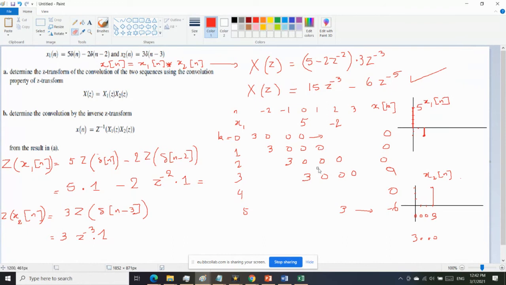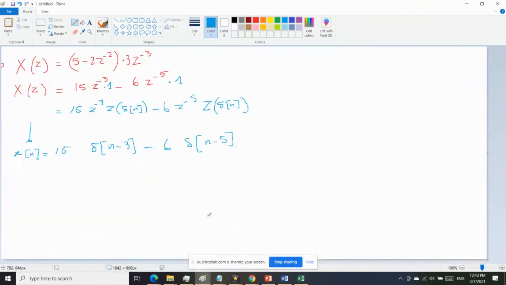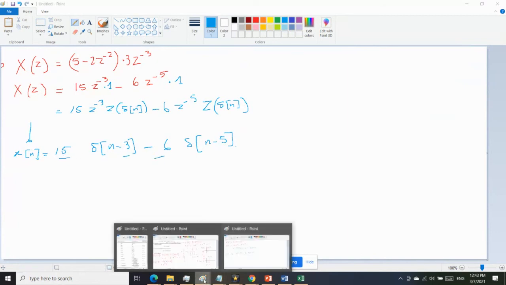So the result here is not 9, it's 15, because it becomes 3 times 5, and here minus 6. So 15 shifted by 3, and minus 6 at 5. Yes, shift by 3 you have 15 and this minus 6. So it's the same result.